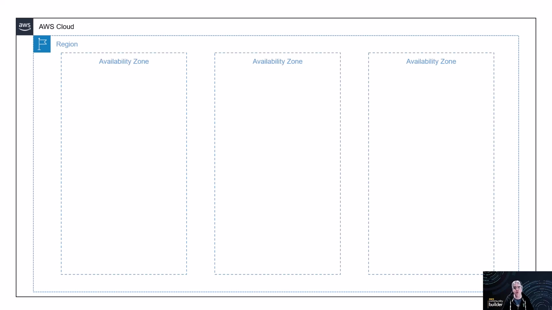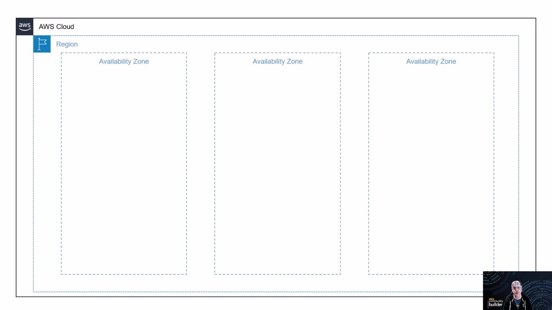Okay, so you have a region. This is this outside blue box here, such as US East 1, US West 2, etc. Regions are built all over the world. Each of these regions is made up of something called availability zones. Now, when AWS creates a region, there are at least 2 availability zones set up, usually 3, sometimes more.